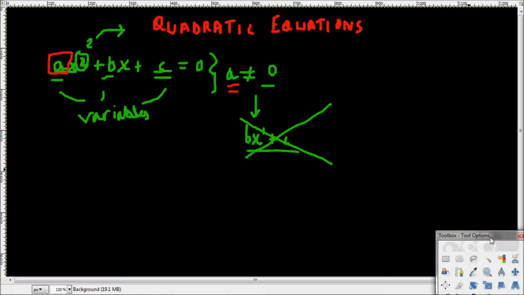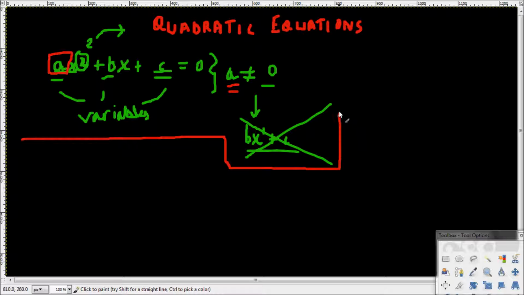Okay. Besides this, there are a few important formulae you need to know. The first thing you need to know is something called the discriminant. Now, to solve any quadratic equation, you'll need to make use of this discriminant. It's the formula for finding the discriminant. It's just a number.